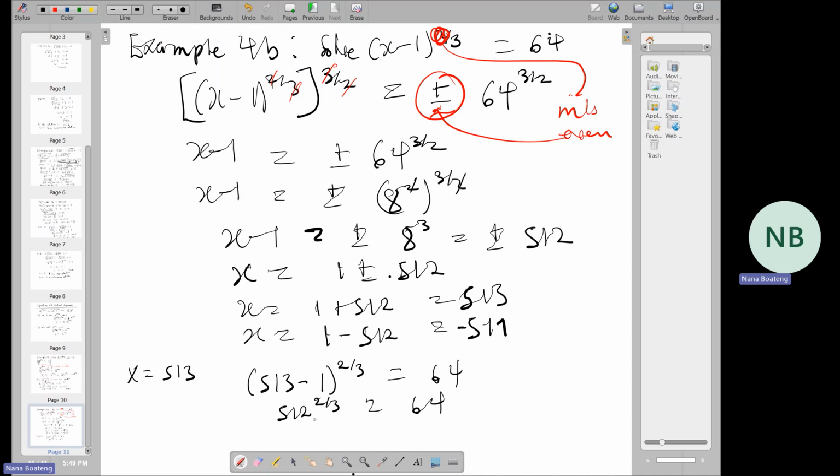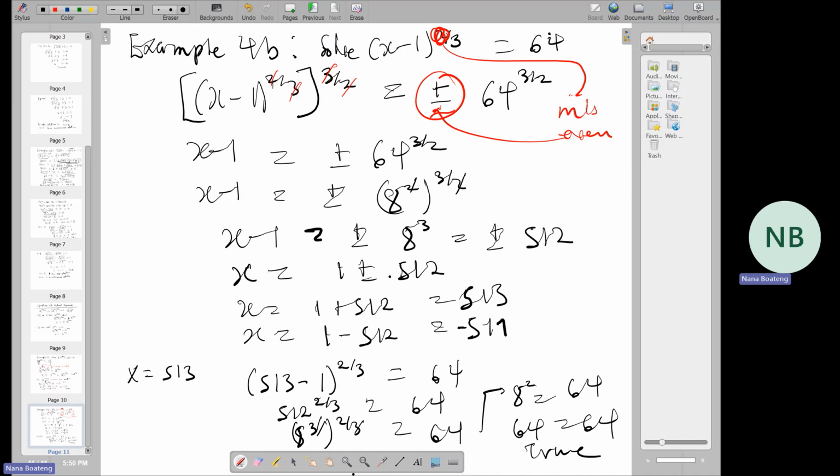All right, okay, so 512 is the same as 8 power 3. So 8 power 3 times 2/3 is equal to 64. All right, so this 3 cancels this 3. So we see that we have 8 squared is equal to 64. And 8 squared we know is 64. So 64 is equal to 64. So this is true. So that means x is equal to 513 is a true solution.